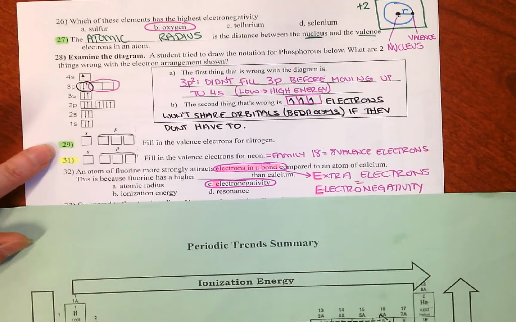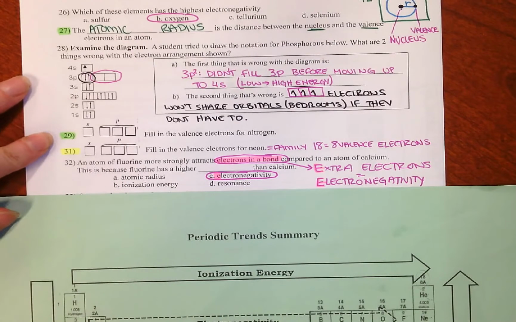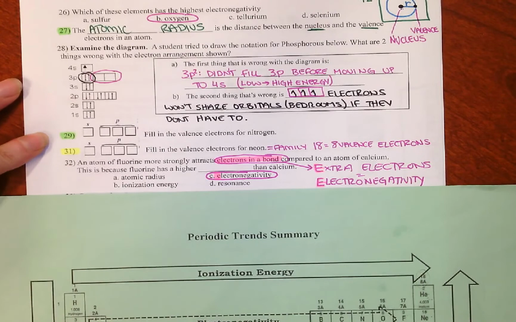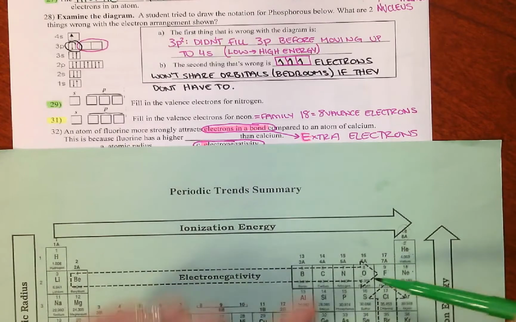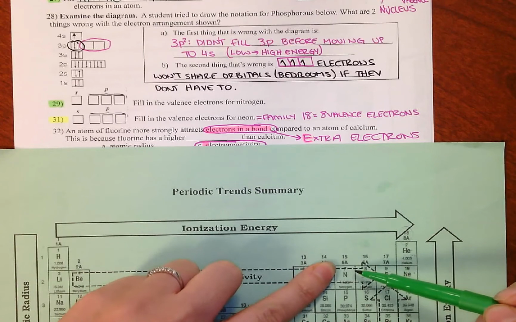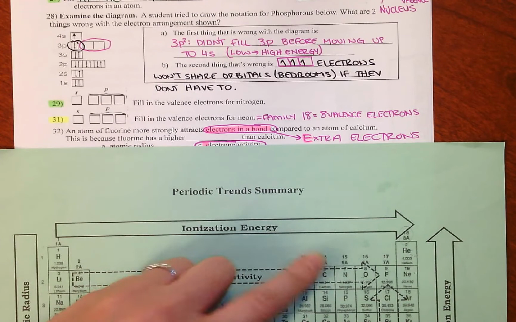Okay. For number 29, it says fill in the valence electrons for nitrogen. So just like our Lewis dot structure, we want to figure out how many valence electrons nitrogen has. Nitrogen's right here in family 15 or 5A, so it's going to have 5 dots if it was Lewis dot structure, or 5 arrows if it's orbitals like this.